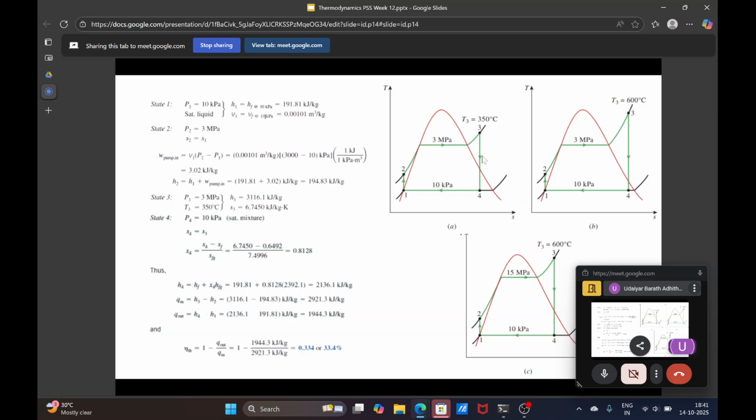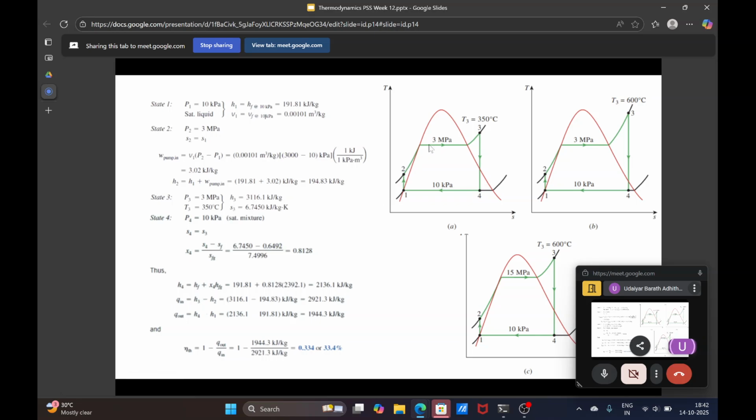The same way we can estimate the saturated liquid and saturated vapor entropy values for 10 kilopascal, and since S3 is equal to S4, the quality at 4 comes out to be 81.28%. Using that we can estimate the enthalpy at 4, which equals 2136.1 kilojoule per kg.